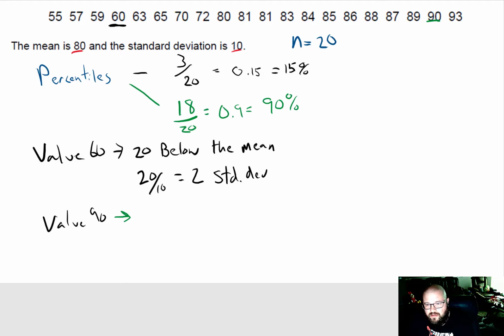Well, hopefully you can see that's 10 above the mean. And with that, how many standard deviations away is that? Well, we went 10 above and the value of our standard deviation is 10. So we know that's 1 standard deviation.